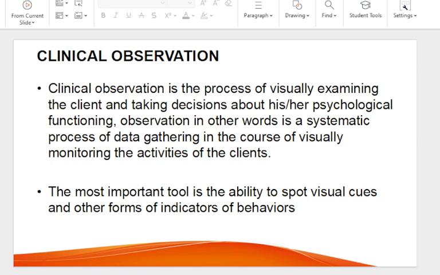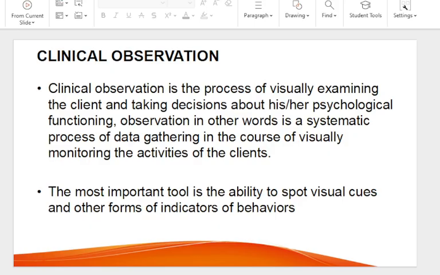Now, clinical observation is the process of visually examining the client and taking decisions about their psychological functioning through this data. In other words, it's an intricate process of gathering data and monitoring the activities of the client.